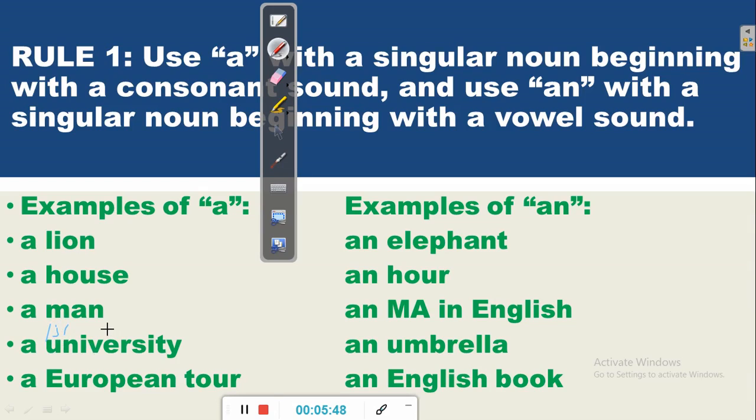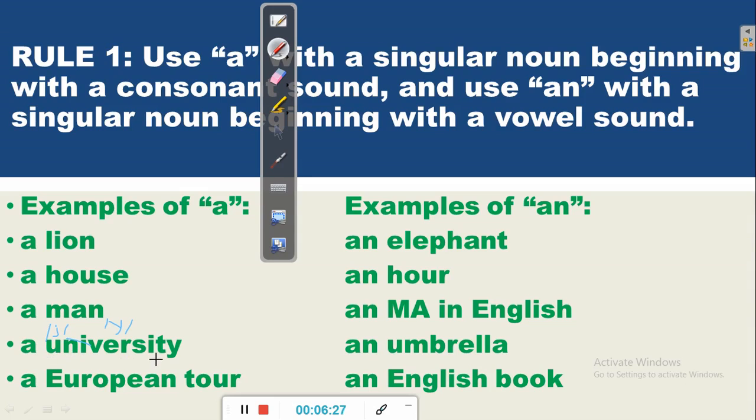A university. Of course, in some varieties of English, some scholars try to represent this with Y. But in British English and in line with the International Phonetic Alphabet, this partial semivowel is the sound that is represented here.